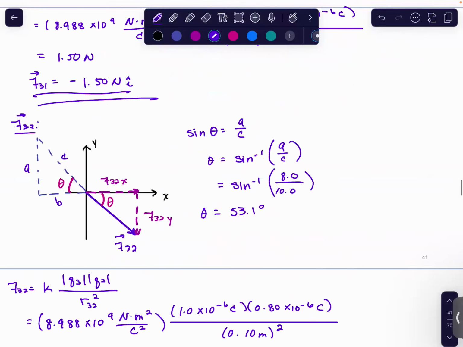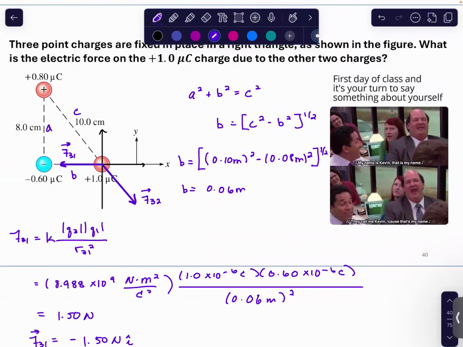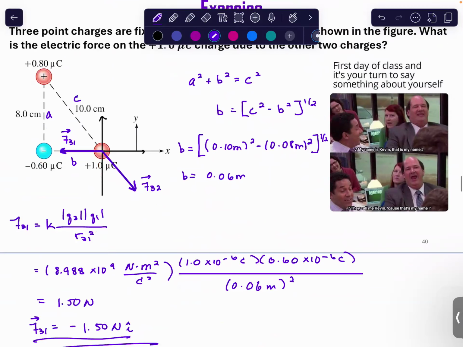Let's look at the original figure. So you see we put the X and Y axis over the 1 microcoulomb charge. We know that we now have a third quadrant vector based off our vector addition.